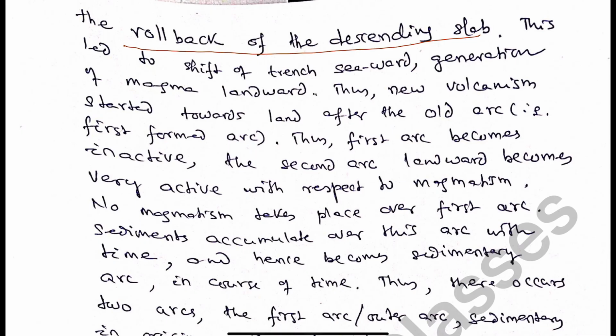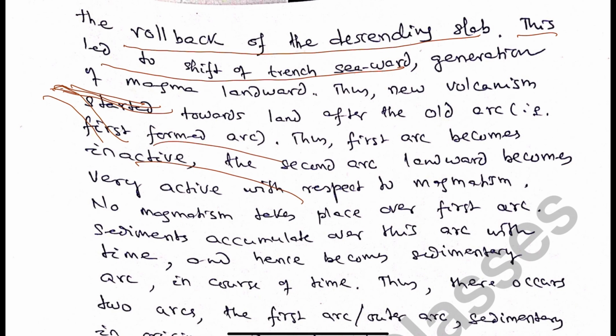The slab which is going like this may become like this. This leads to a shift of the trench seaward. This was the position of the trench, and now because of its shifting, the trench moves seaward.